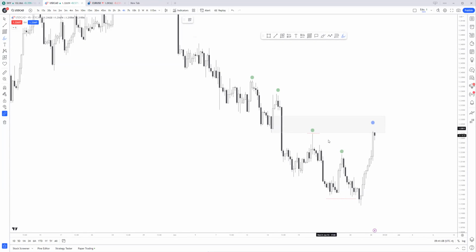Now, what do we know about long-term swing points? How do we characterize them? What are the characteristics? ISP on the left and the right.